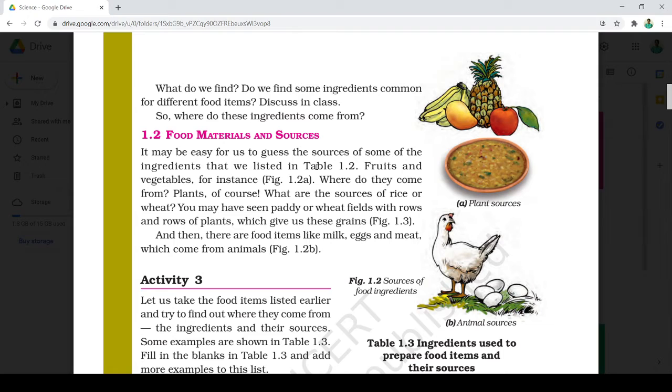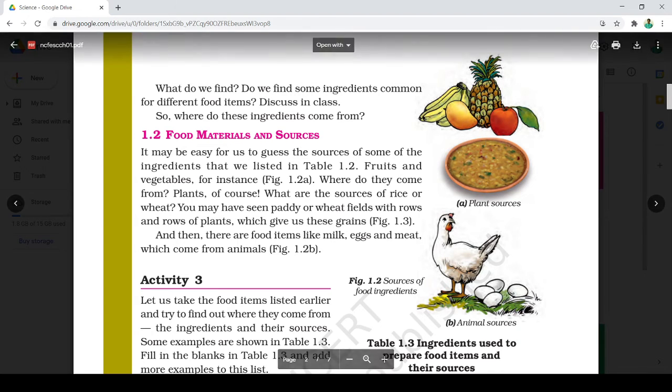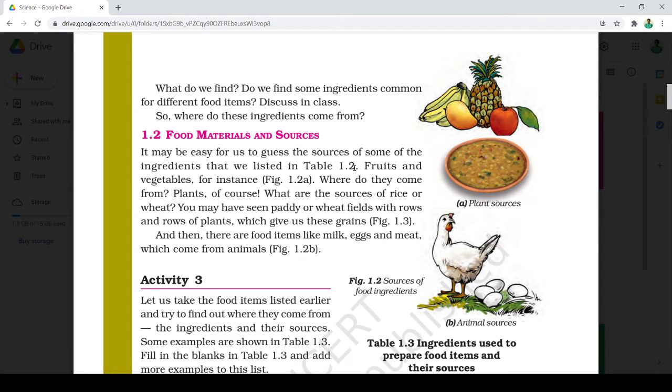So up here, it may be easy for you to guess the sources of some ingredients that we listed in table 1.2. Fruits and vegetables, for instance, which is there in figure 1.2. Where do you think they come from? Any guesses? Yes, plants, of course.